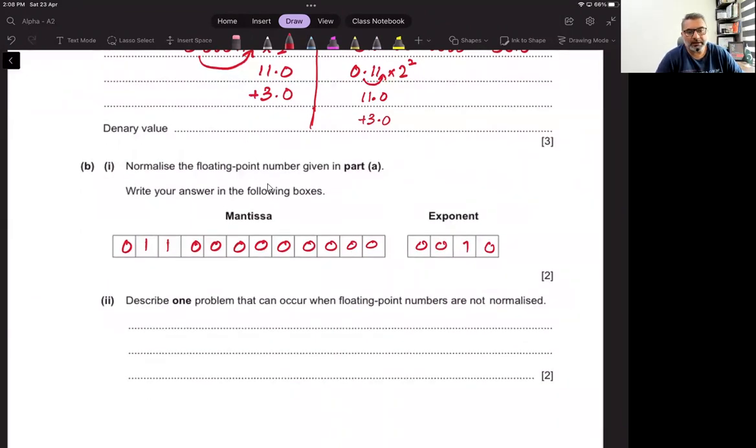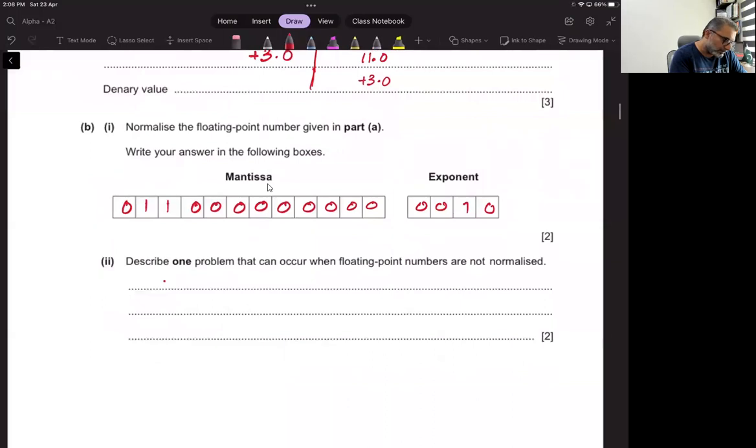Describe one problem that can occur when floating point numbers are not normalized. Okay, so bits are dropped, that actually compromises on precision.